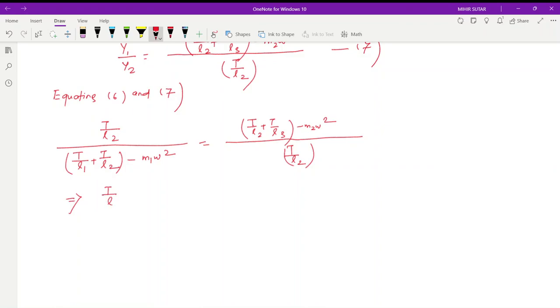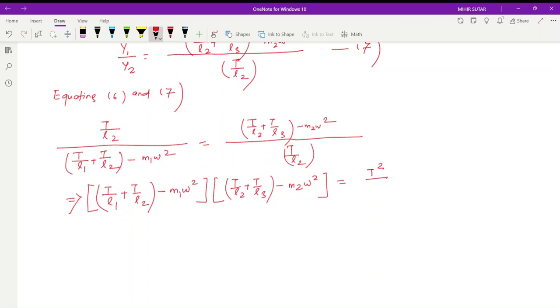T by L1 plus T by L2 minus M1 omega square, whole into T by L2 plus T by L3 minus M2 omega square is equal to T square by L2 square.